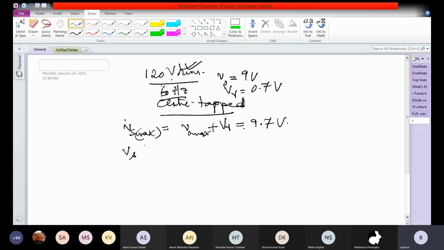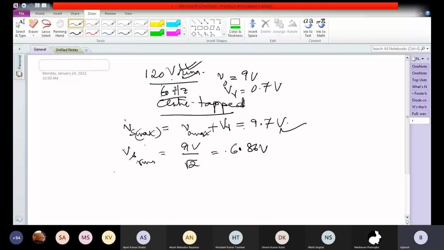So we have to find out Vs RMS, that is Vmax by root 2, which works out to be 6.86 volt.